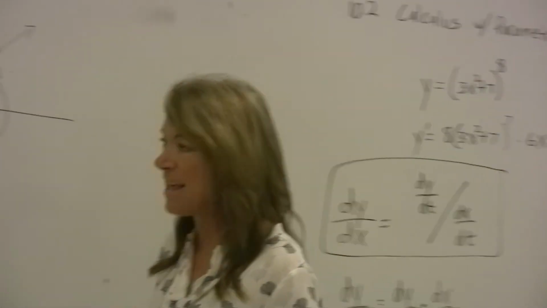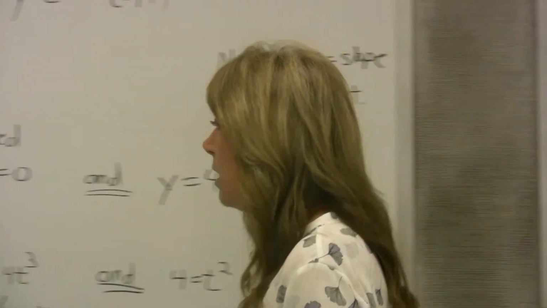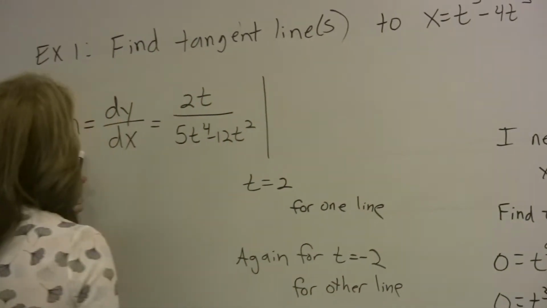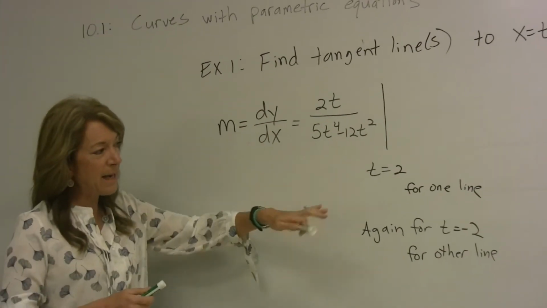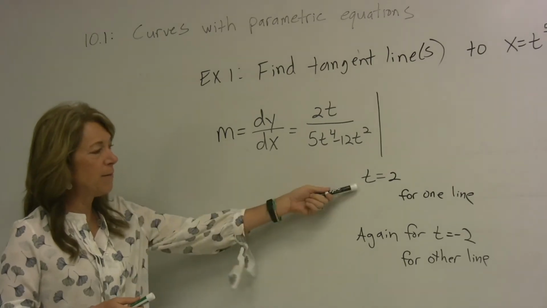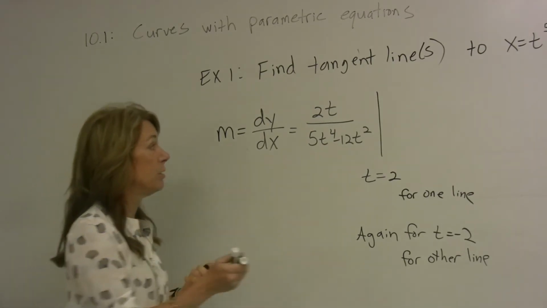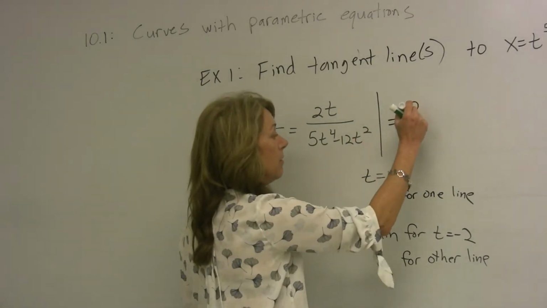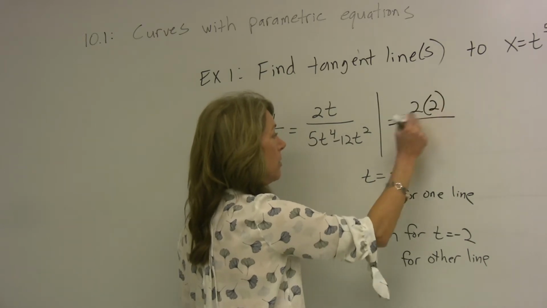Okay, so now that we have that, let's find them. So this is the slope for any point. We decided it happens at 2 and -2, so I'm going to evaluate at +2 first. I'm just going to plug 2 in for my t.